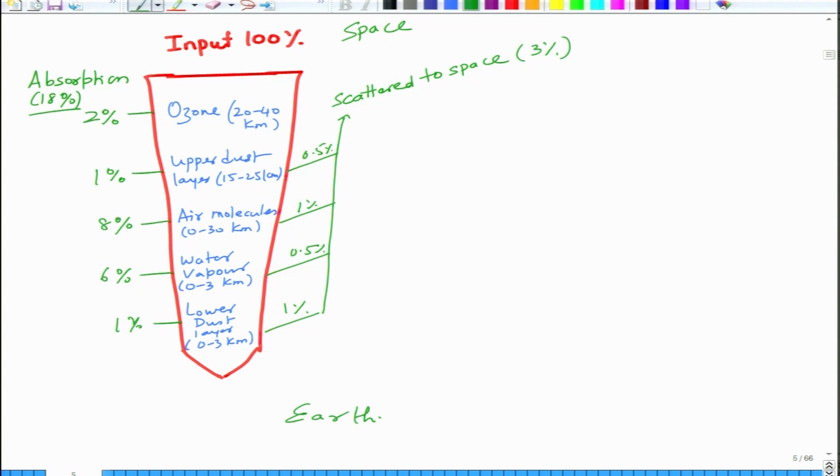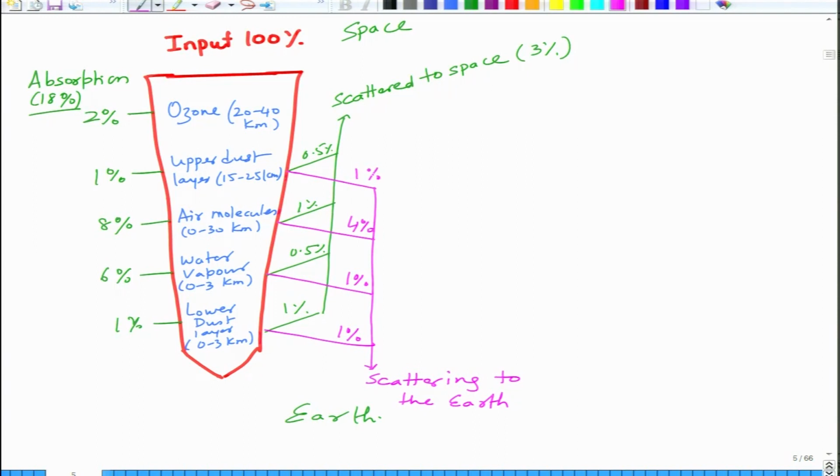So, this is a total of about 3%, and then we have scattering down to earth. So, down to earth would be here, here, here, here again. If I combine them together, this is scattering to the earth. This starts at about 4%, and this is about 1%, again about 1%, and again about 1%.